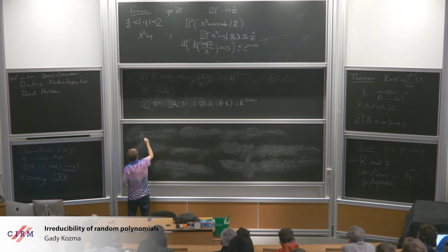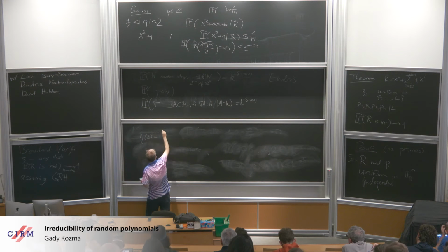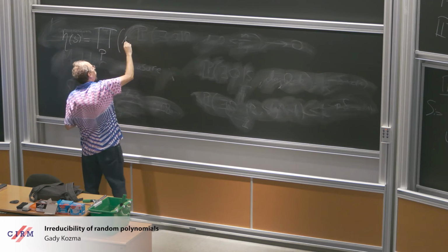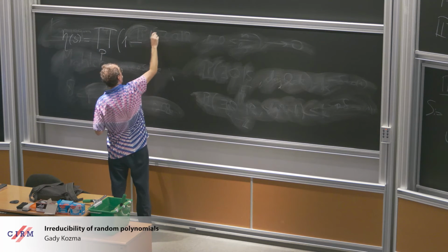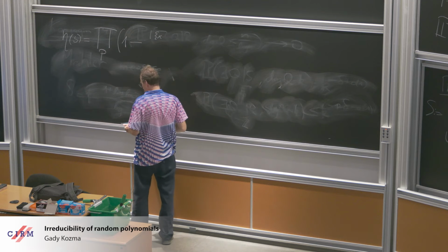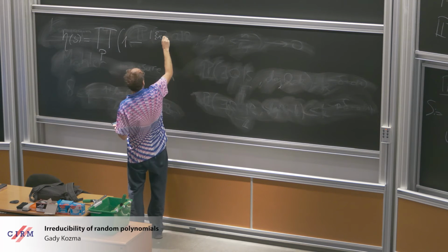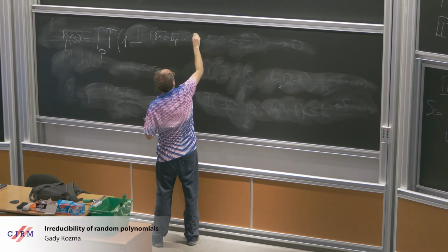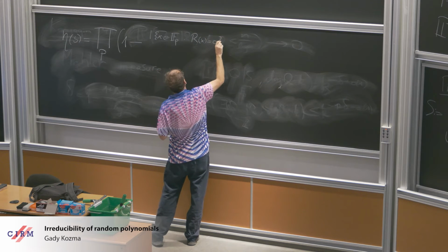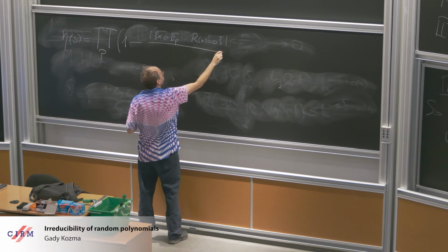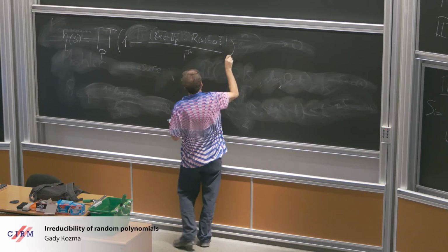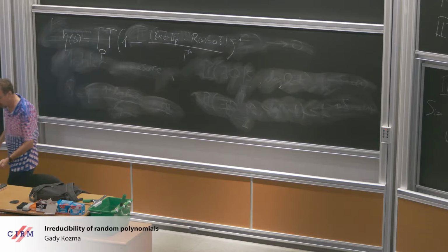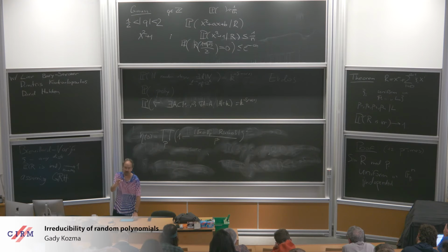Let's define the following function. This is a product over all primes of 1 minus the number of x's in the finite field such that r of x is equal to 0, divided by p to the s, and so on, that's not important. So this is just some definition.